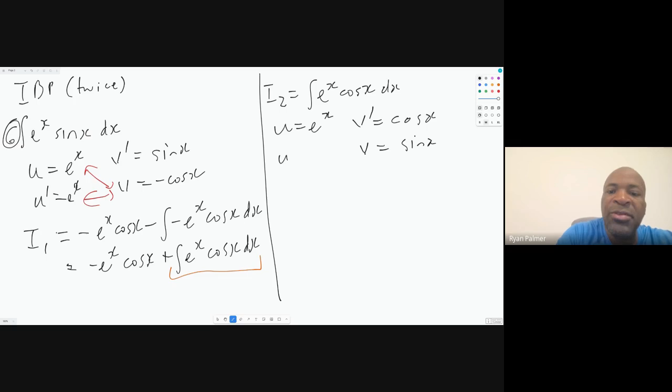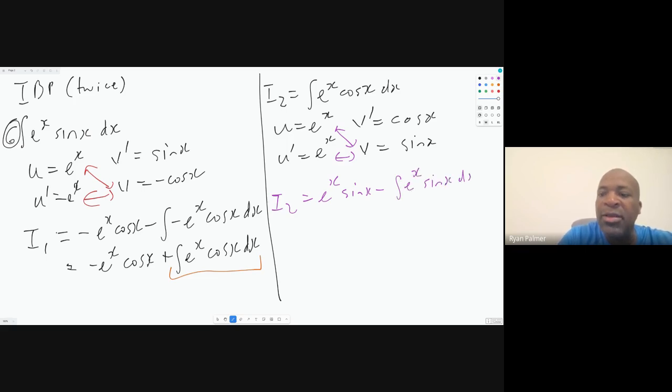Then when we differentiate e to the x, we still get back e to the x. Now again, applying the formula, I2 is equal to uv, so that is e to the x sine x minus the integral of e to the x sine x.